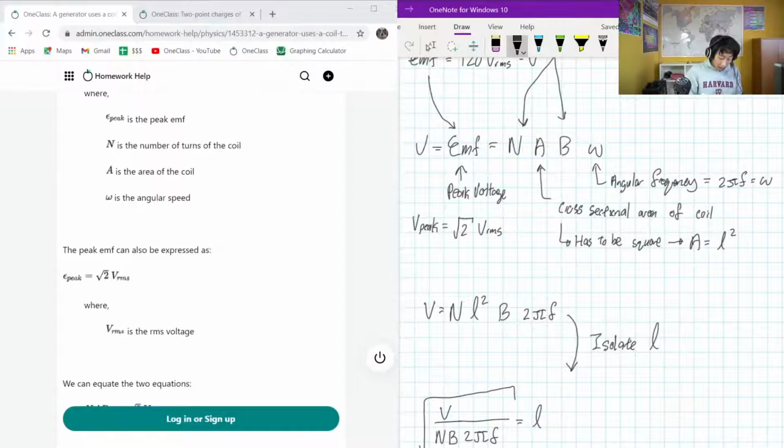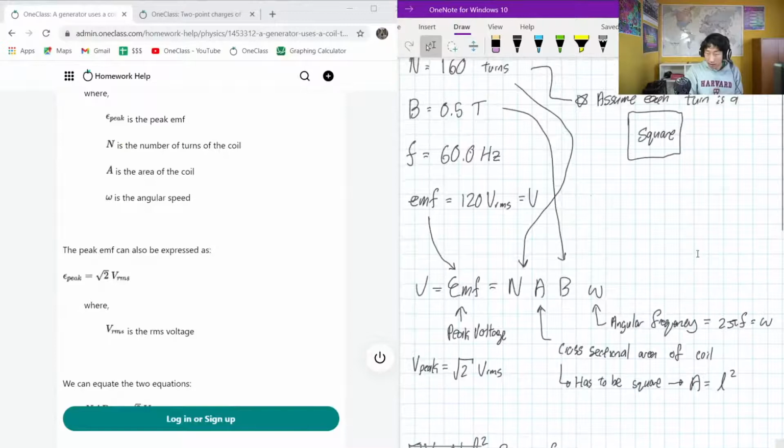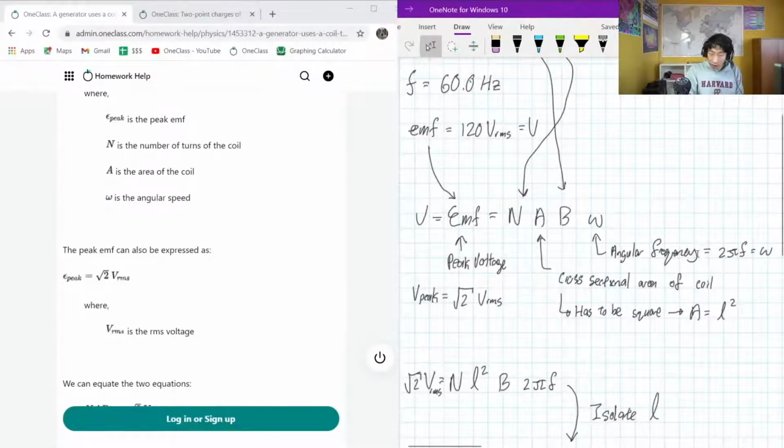Okay, so yeah, that's my bad. I'll make a correction real fast. So this will be root 2 times V RMS, and then a root 2 term. Okay, and just to go back up here, just to make things super clear, peak voltage.